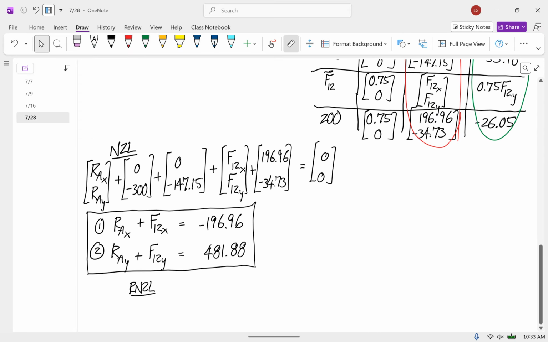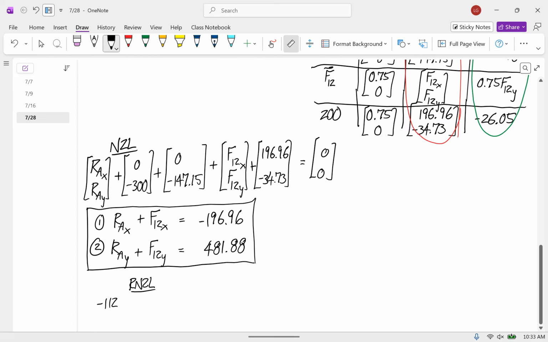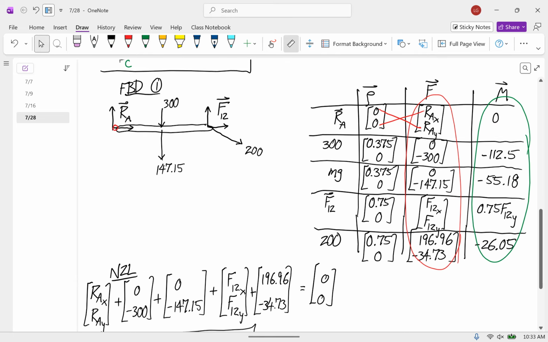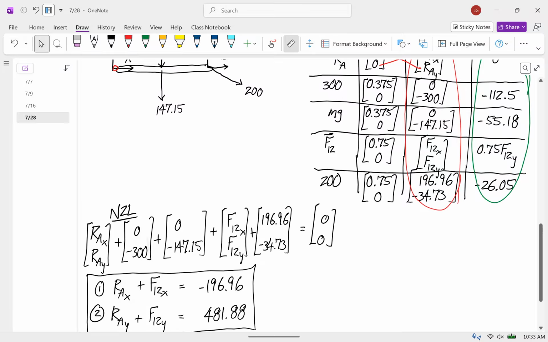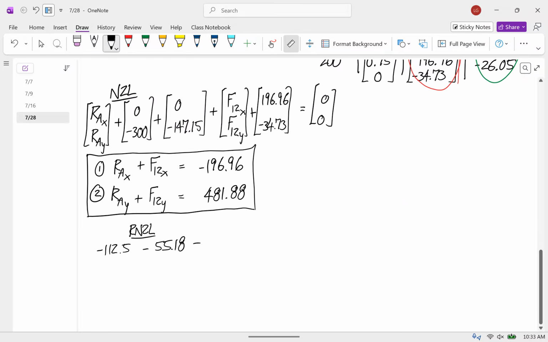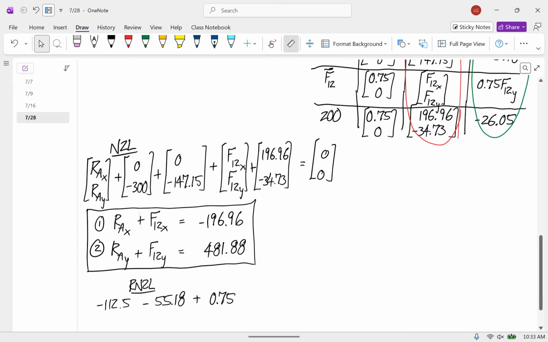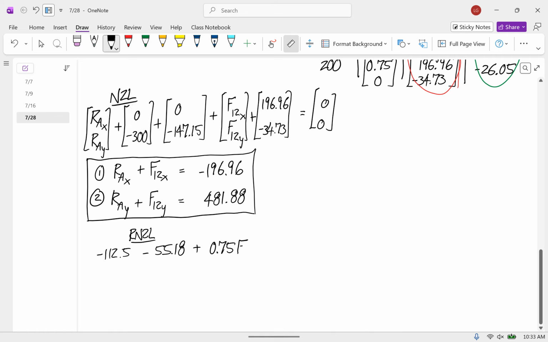So we have negative 112.5 minus 55.18 plus 0.75 F12Y minus 26.05 is equal to 0.